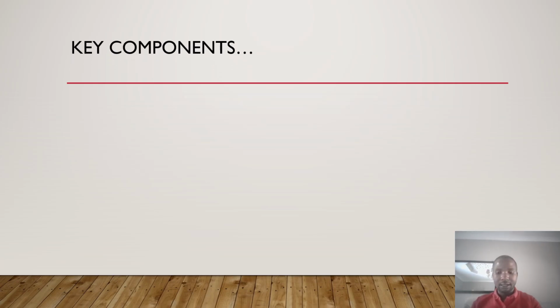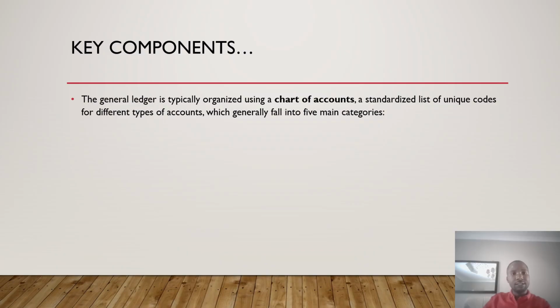So now, as we go on, let's look at the key components of the general ledger. The general ledger is typically organized using what is known as a chart of accounts, which is a standardized list of unique codes for different types of accounts, which generally fall into 5 main categories, as we already looked at.